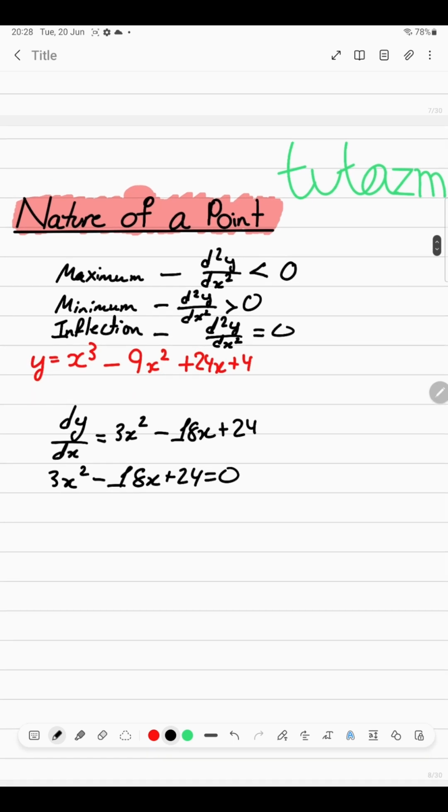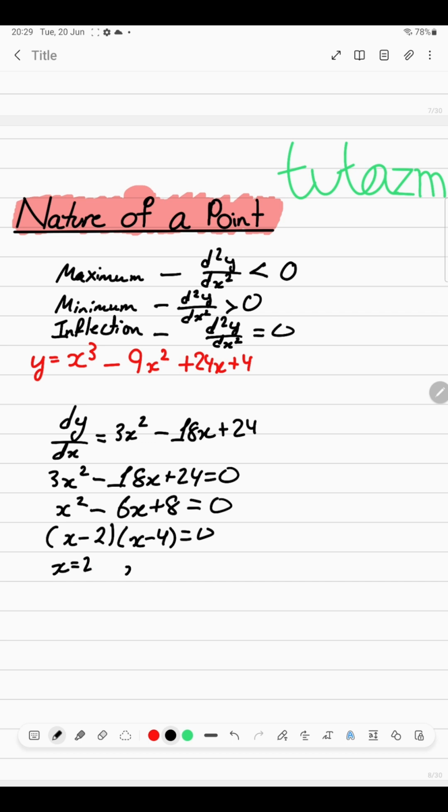We can divide this all by 3 because they're all multiples of 3 to make this a little easier, so it would be x squared minus 6x plus 8 is equal to 0. This can be factorized into x minus 2, x minus 4 equals 0. So we've got stationary points when x is equal to 2 and when x is equal to 4.